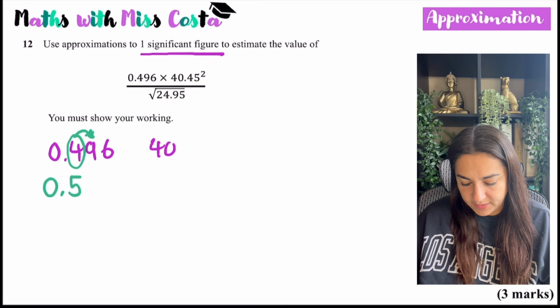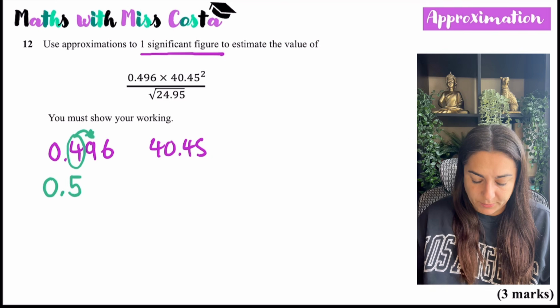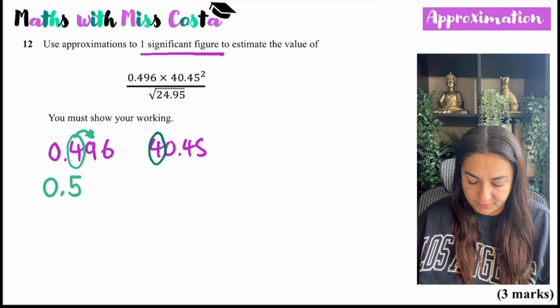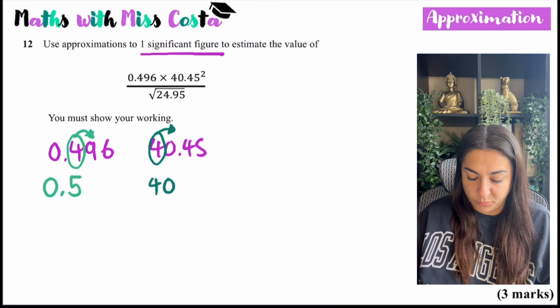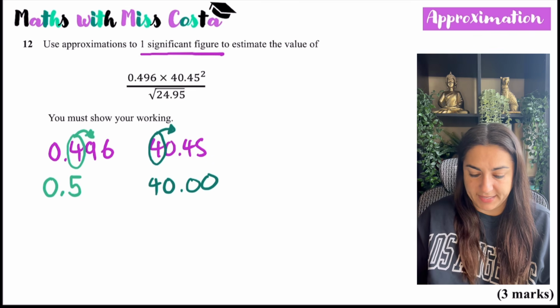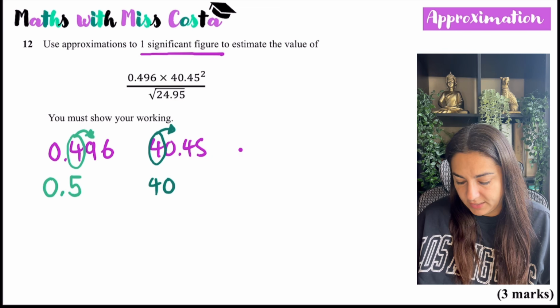I'm going to look at the next thing, which is 40.45. So once again, look at the first significant figure. The next digit is less than 4, so this is just going to remain as it is. And with significant figures, 40, you don't need to write 40.00 because that's the same thing. And then you've got the square root of 24.95.